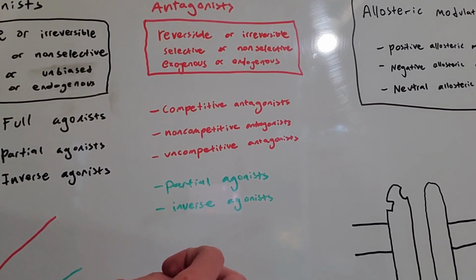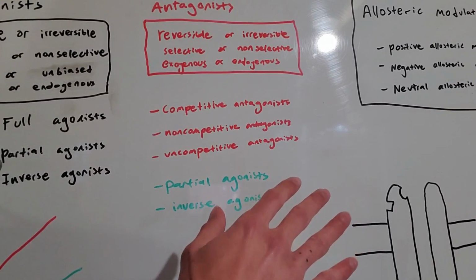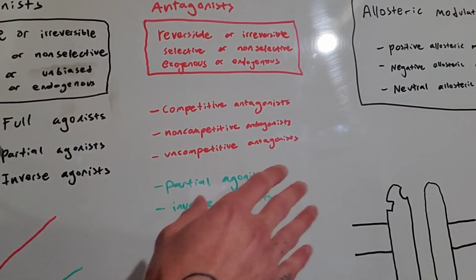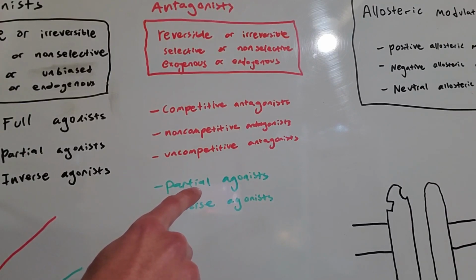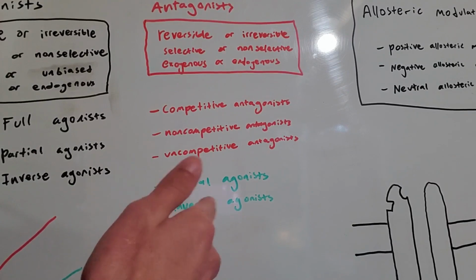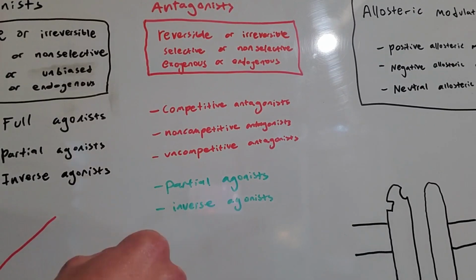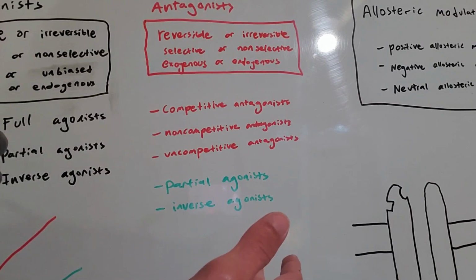If you have partial agonists and full agonists both competing for sites, the partial agonist will prevent a full agonist from binding, and it'll still trigger or activate the receptor. It does so with lesser efficacy. So it can act as a pseudo-antagonist in the sense that it can dampen the effects of a full agonist when they're competing for a site.